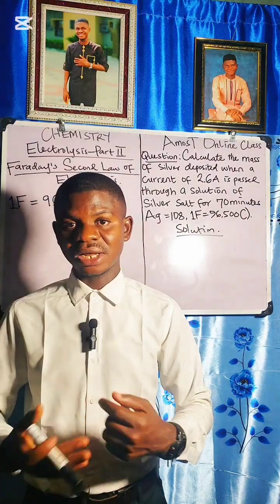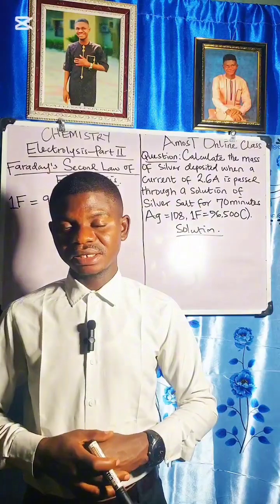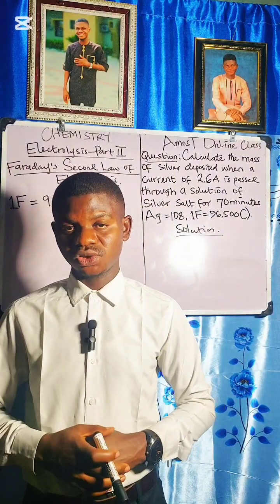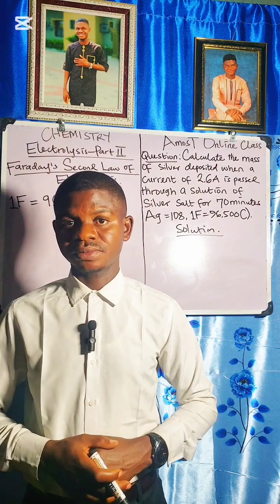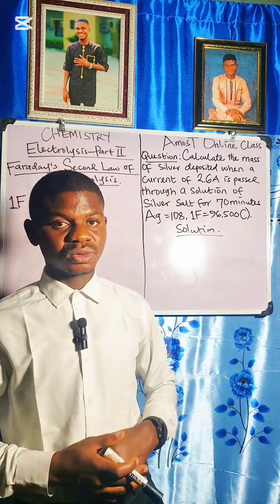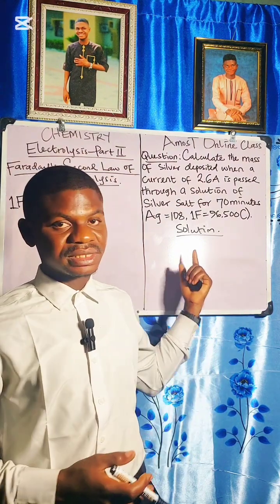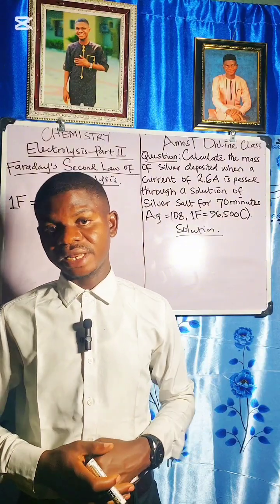For a trivalent element like aluminium, 3 Faradays will be required to liberate 1 mole.